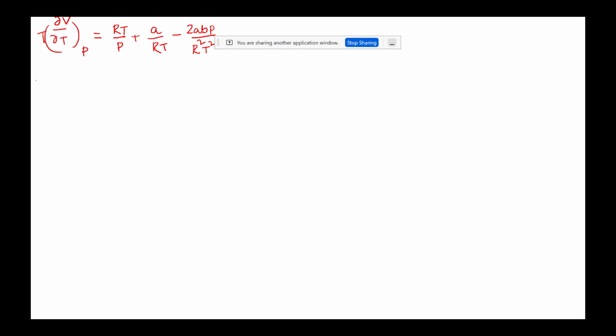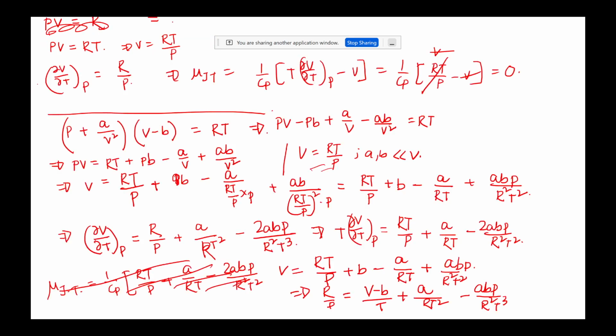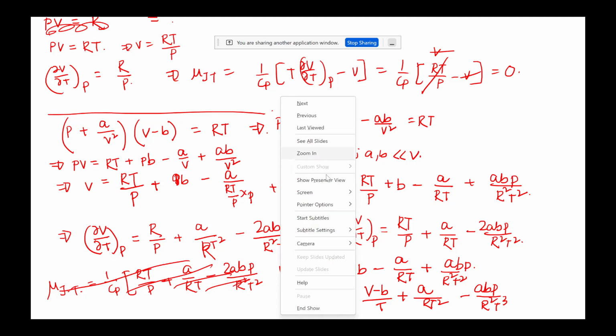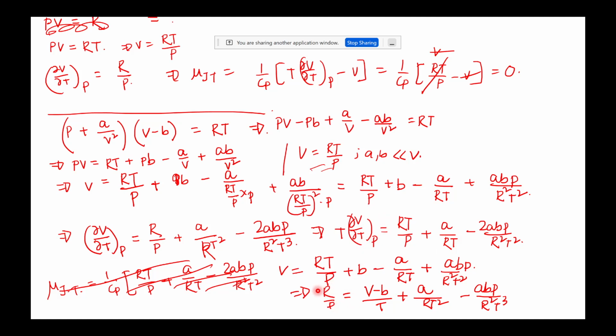And from this expression, R by P is equal to V minus B by T, A by RT square minus ABP by R square T cube. We can multiply by T, then it will be V minus B and all those terms. Let's write them in a different fashion.